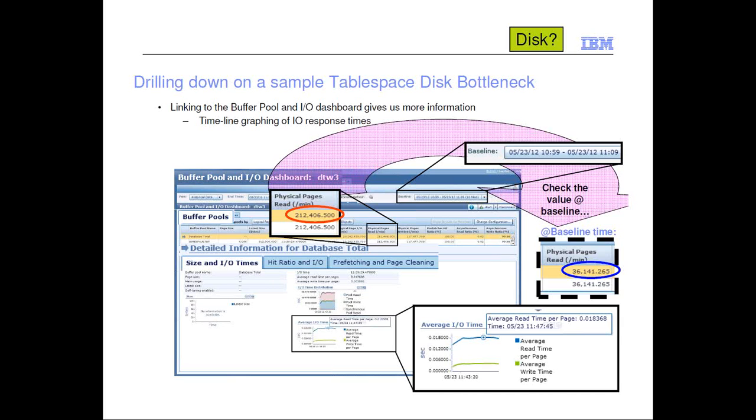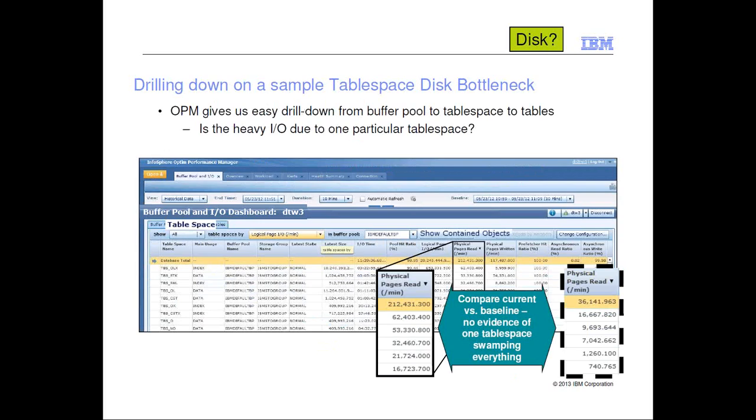It's just that there are a lot more pages being picked up from each of those table spaces as compared to the baseline. So this is not a case where a lot of I/O is happening against only one table space, and so nothing would probably need to be done on the table space side for this particular case.